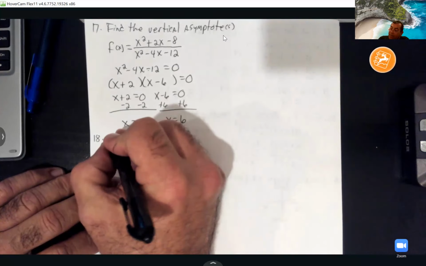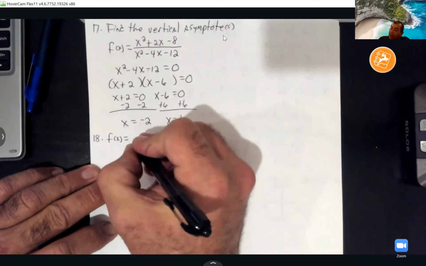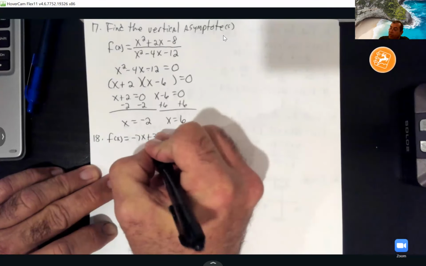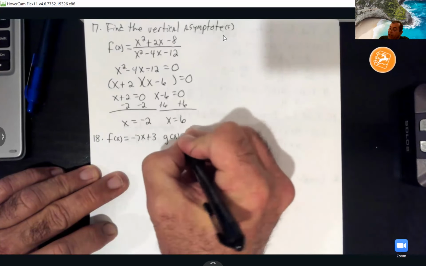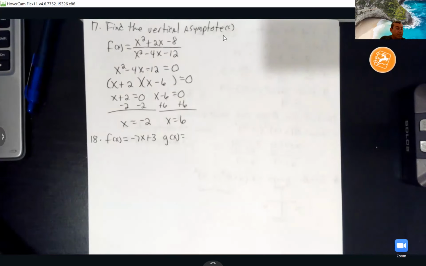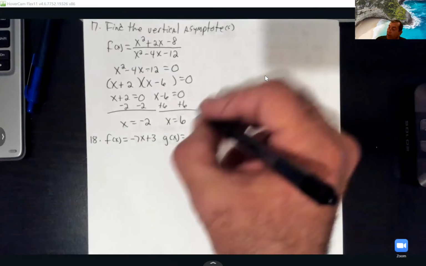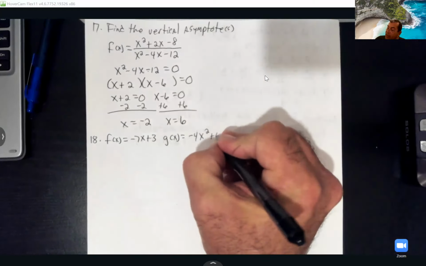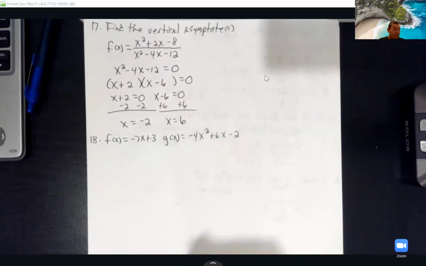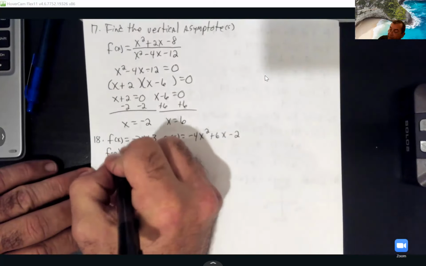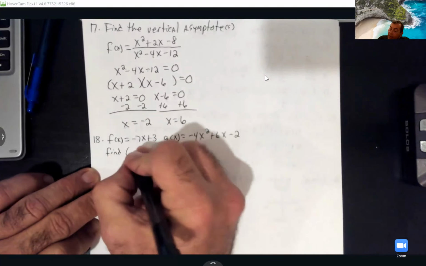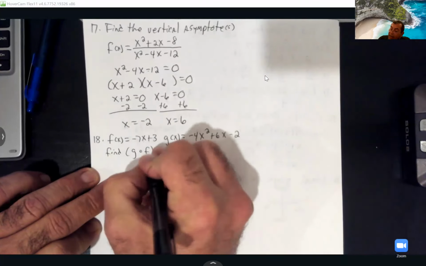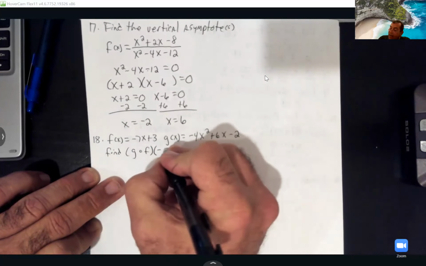So they're giving us f of x equals -7x plus 3. g of x is going to equal -4x squared plus 6x minus 2. They want me to find g compose f of -9.